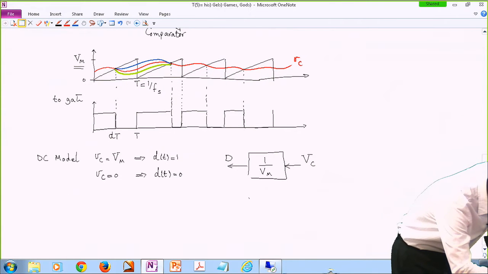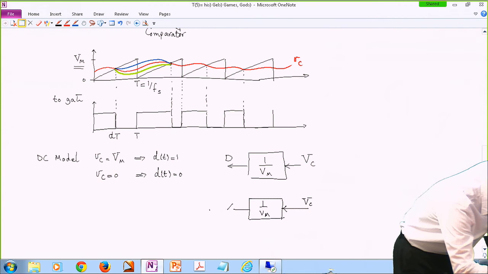If you want to make it a little bit fancier, but this class is not concerned about this, your more accurate model should look like this. And then you have a sample and hold here with a sampling rate of the switching frequency, and then this is going to the gate.